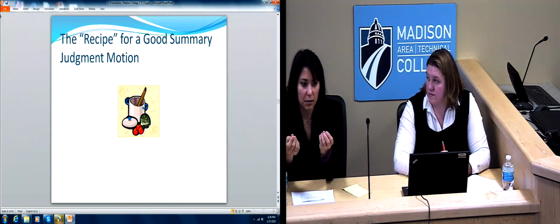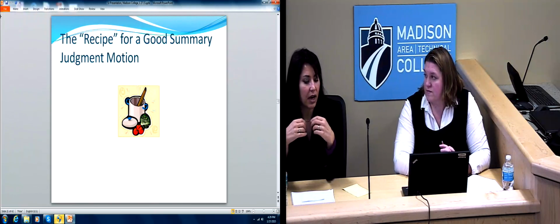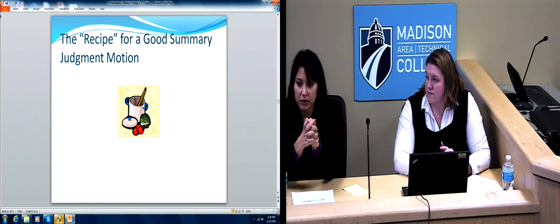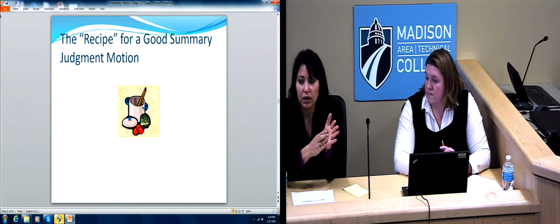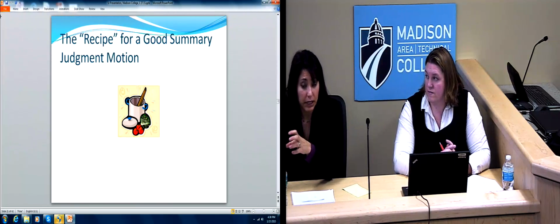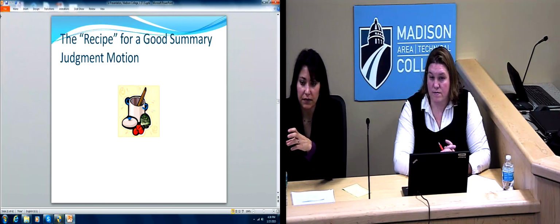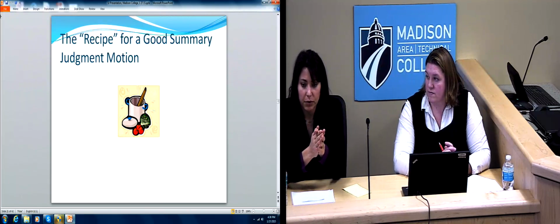So if I'm working on a public records case, I find public records cases that involve summary judgment. If I am working on an employment discrimination case, I look for particular standards or things that the judge should have in mind when they're looking at employment discrimination cases. The substantive law, the law involved in the complaint, the thing that the plaintiff thinks is unlawful, is always going to play into your summary judgment.